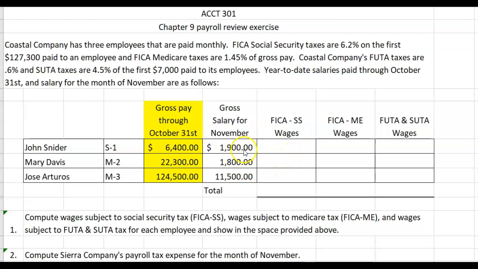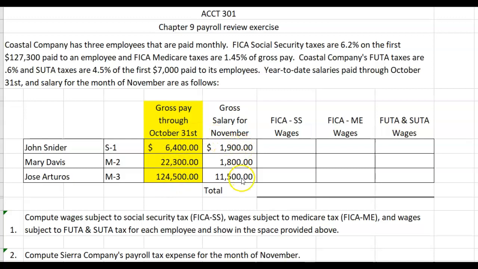Now, you need to remember that we're just paying the November salary. The gross pay through October 31st has already been paid to the employees, and all taxes on those wages have already been paid, so don't calculate any tax on these amounts.